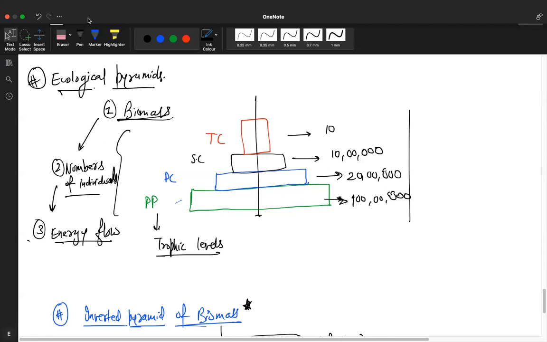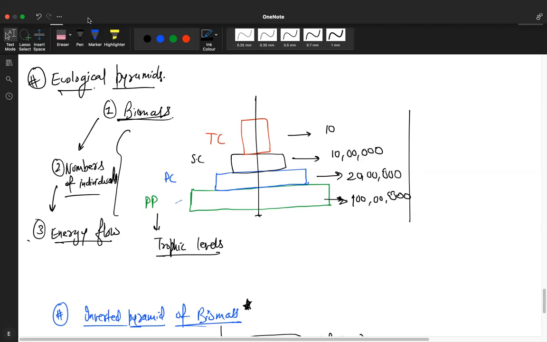Yes. Now, what does the axis tell you? In one, it will be number where you count. In the other, it will be the dry weight or biomass, something like that will be written. And in the other, it will be the energy in terms of kilocalories or joules. Just pay attention to their numbers as they go up the trophic level.